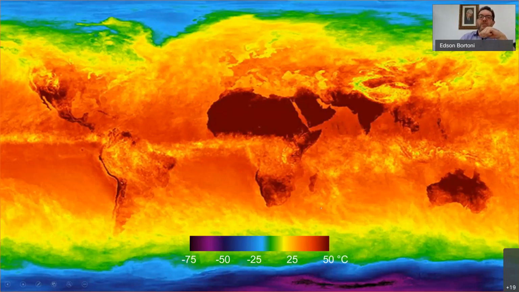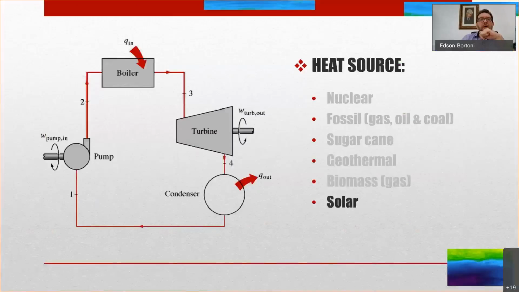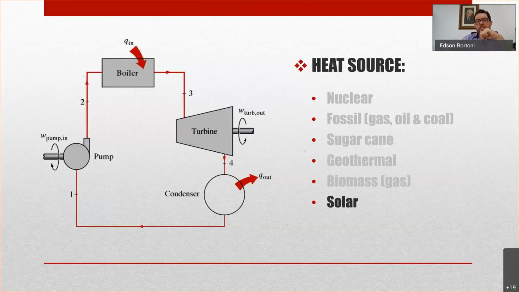It's very hot. So here you see Africa, very hot here, orange here, hot here also. So you can make use of the heat created by the sun radiation, the sun rays, to give heat to the boiler.